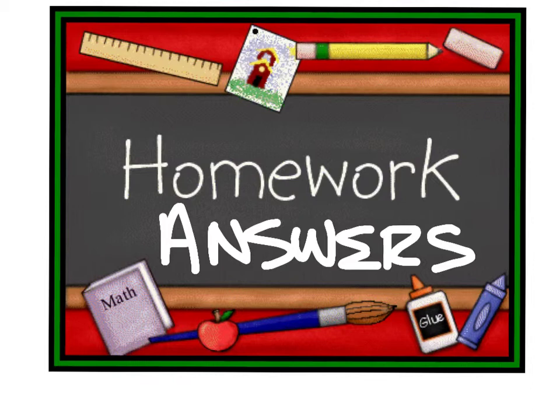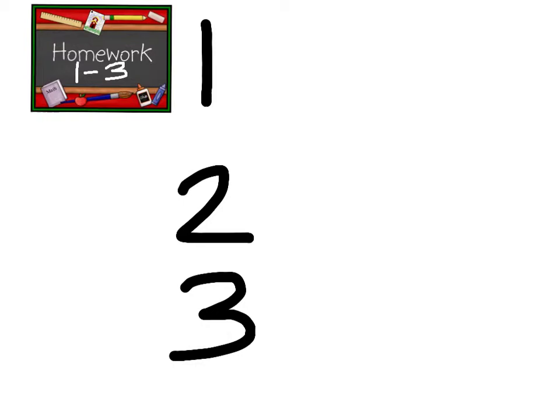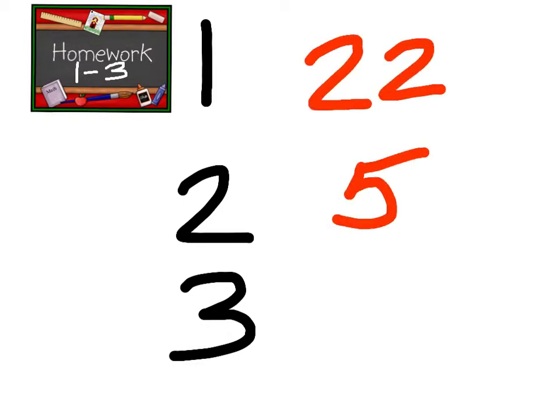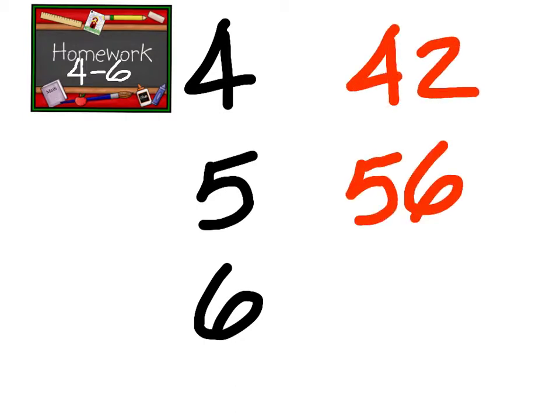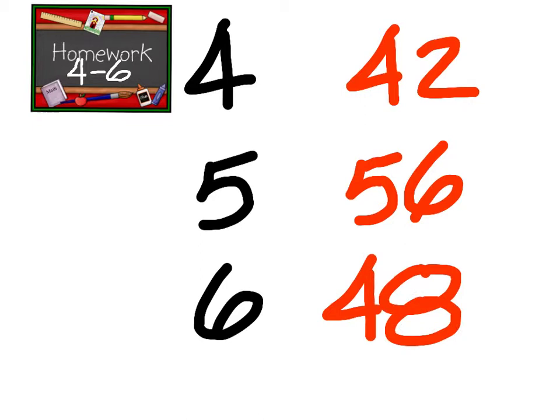Time to bring up answers 1, 2, and 3. Answers to 1, 2, and 3 are 22, 5, and 5. Answers to 4, 5, and 6 are 42, 56, and 48.